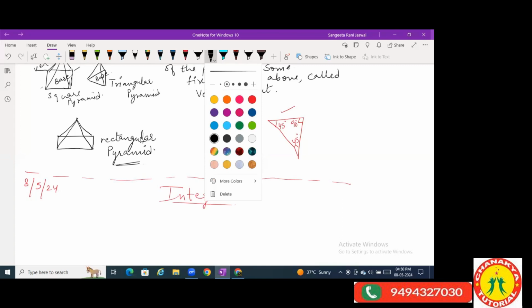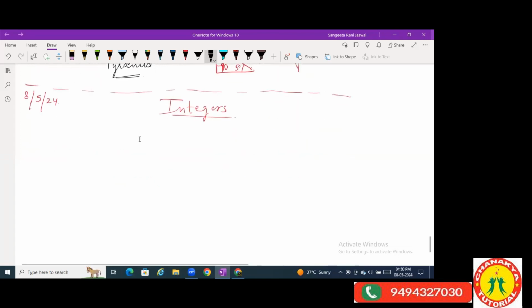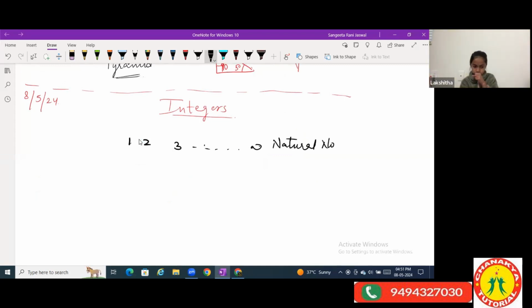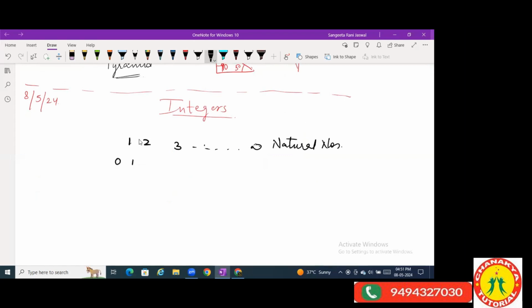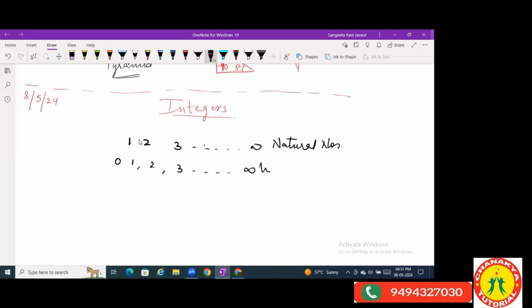In the number system, we always speak about numbers starting from 1, 2, 3, and so on till infinity. We call them natural numbers, right? So this is a set of natural numbers. When we add 0 to this set of natural numbers, we call them whole numbers.